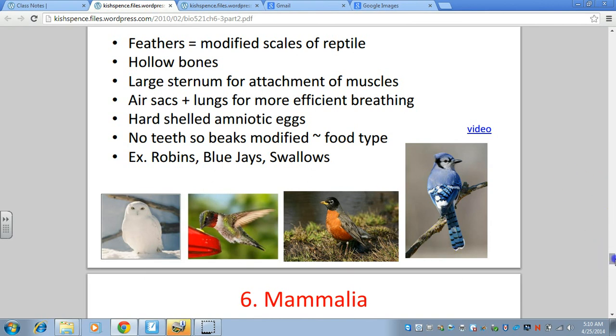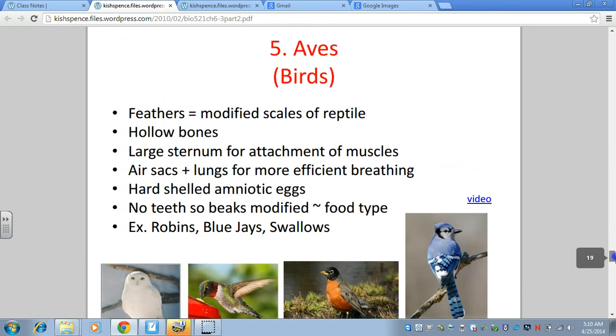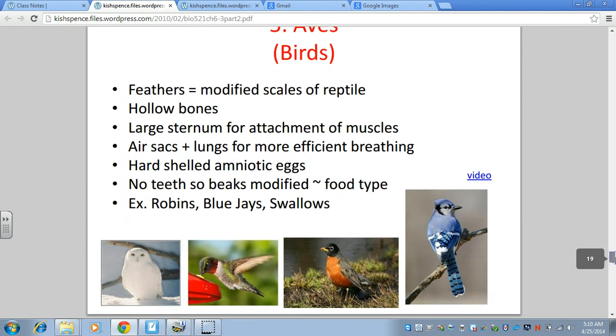Okay, they are the only other class to have a 4-chambered heart, and they have internal fertilization, because they lay eggs that have babies inside of them. They have to have internal fertilization before the egg coat is produced, the hard shell, before it comes out of the bird.